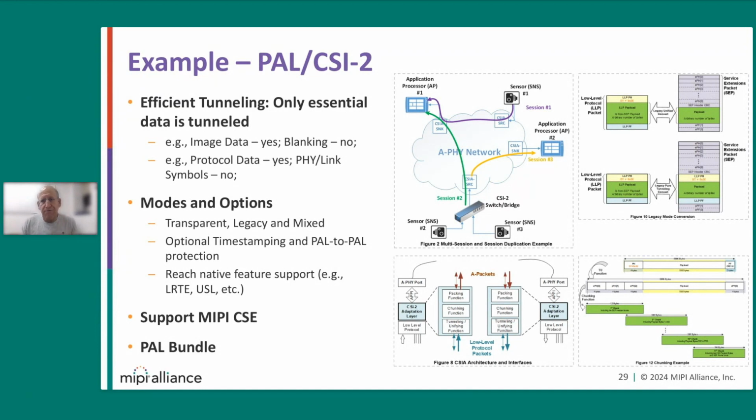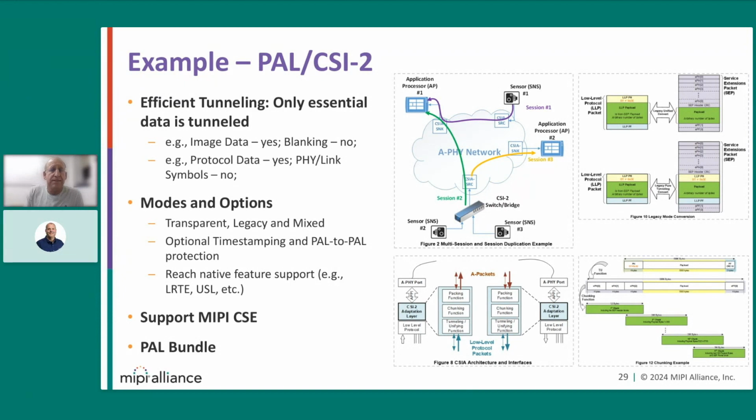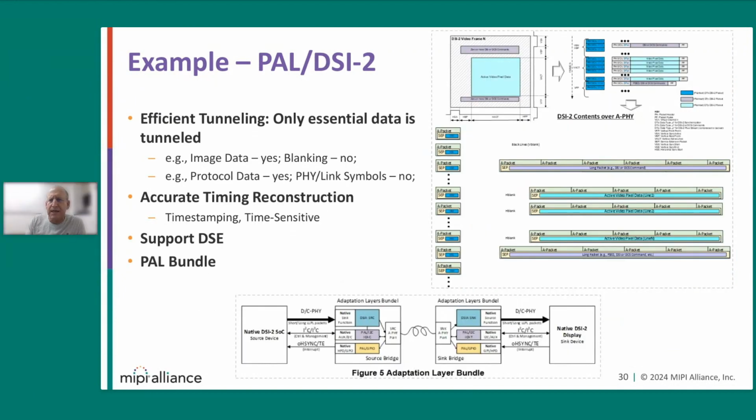Typically for a camera module, apart from the CSI and image traffic, you will need to provide ways to tunnel CCI and other GPIO. For DSI, it's the same. You can see in the top right corner the flow of image to SEP, as Ariel said, and then to A-PHY packets.